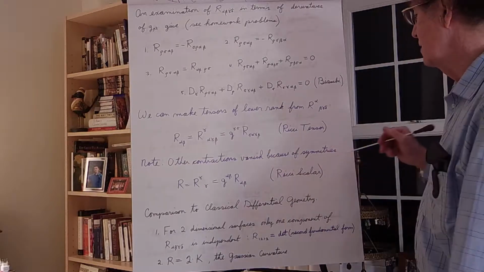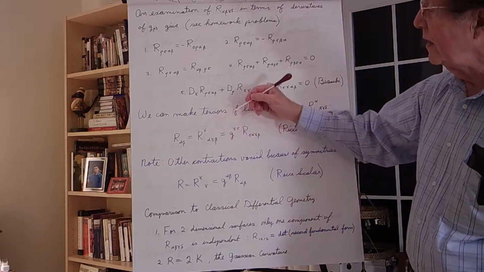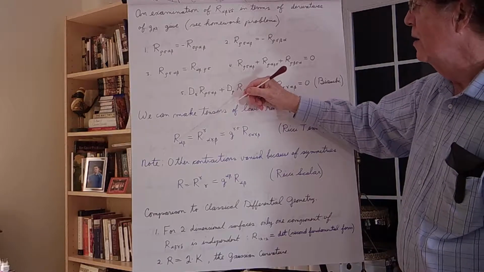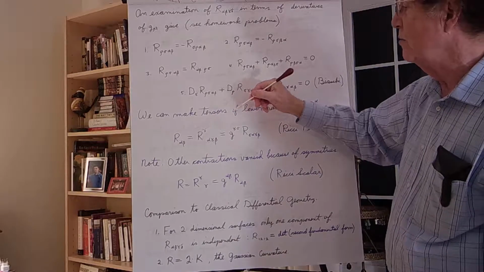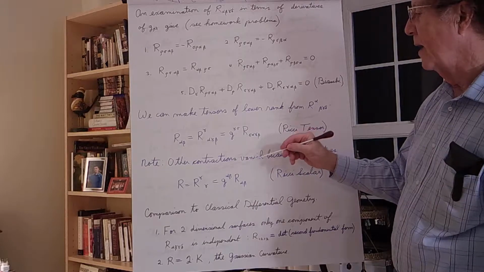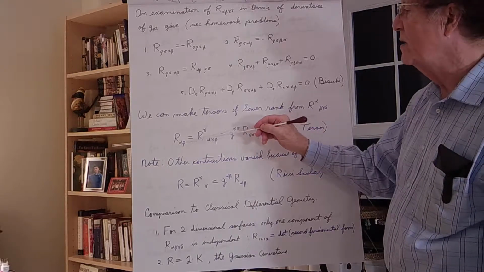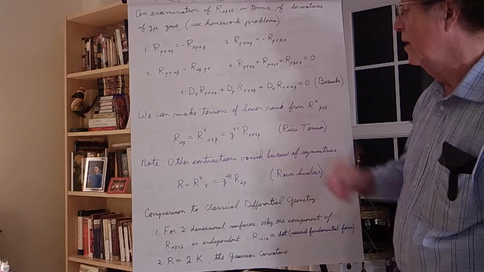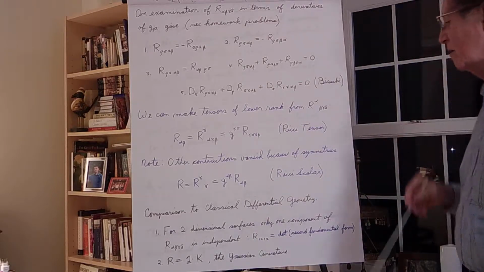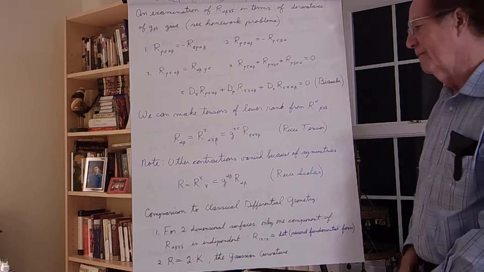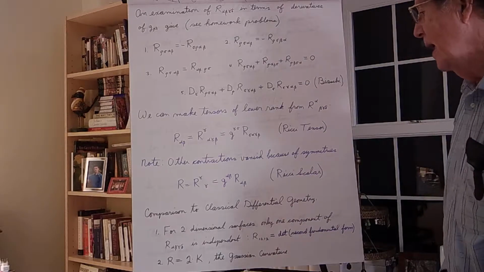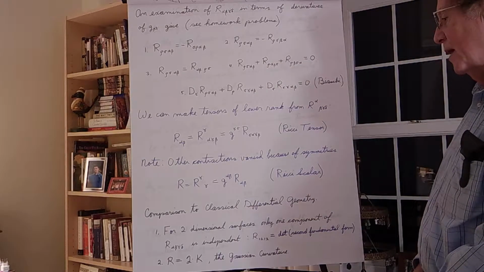And finally, if I have a Ricci tensor, which is symmetric in 2 indices, I can raise the index alpha and then contract it with the lower index and make myself a Ricci scalar.